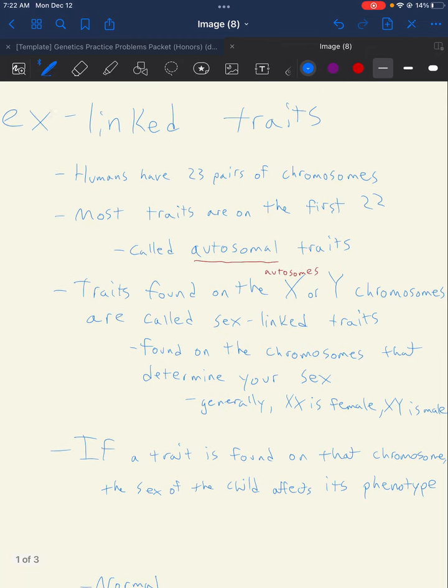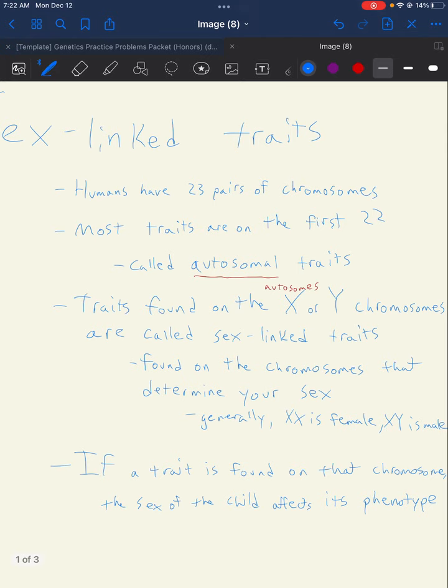And so for both of those traits, the sex of the child will affect its probability of receiving it. So I guess it doesn't really affect its phenotype. It affects the phenotype and the probability of having the disease.